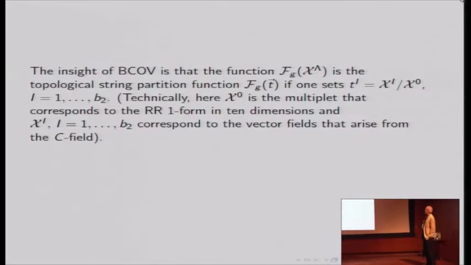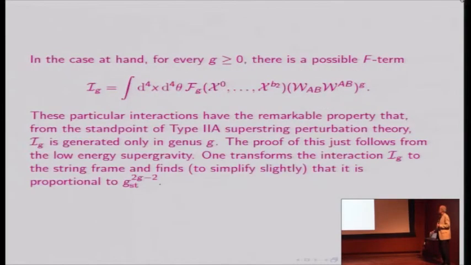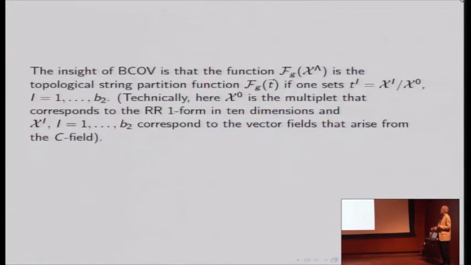And BCOV says that if you set the topological string couplings to these ratios, then the topological string free energy at genus g, F_g, is the same as the function F_g that comes from type 2A superstring theory. So the statement in parentheses here is what I just told you: X^0 is the multiplet that comes from 10 dimensions, and the other guys correspond to vector fields that arise from dimensional reduction.